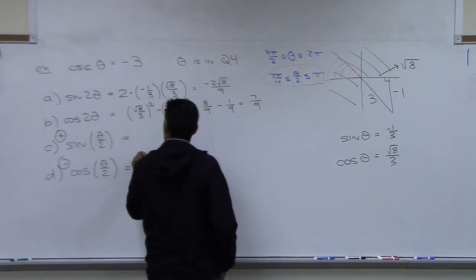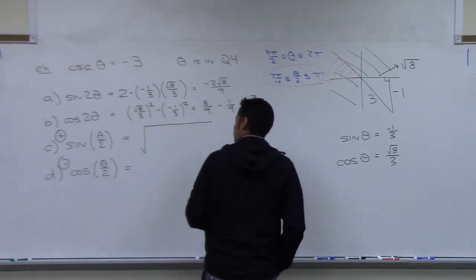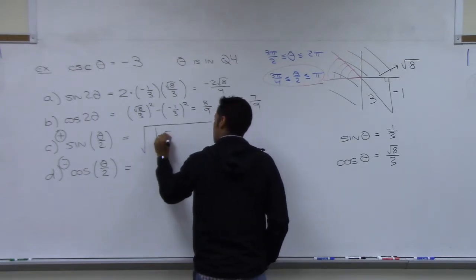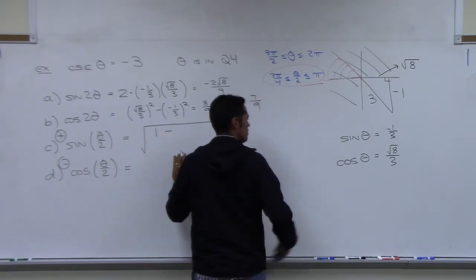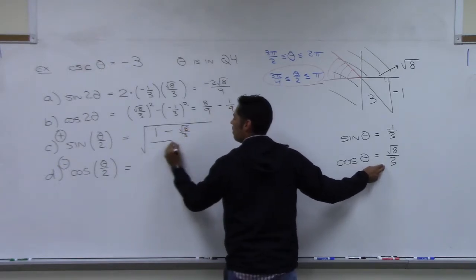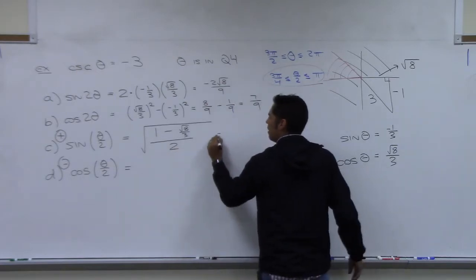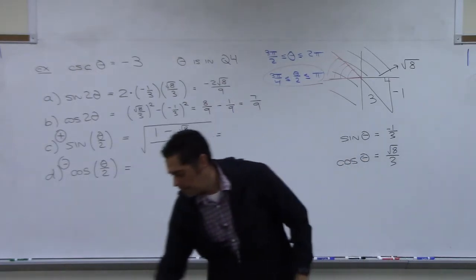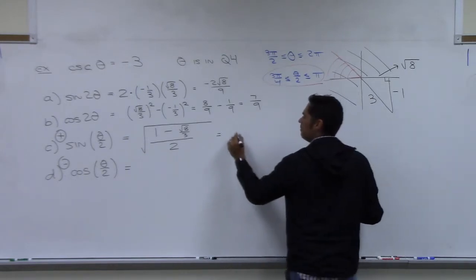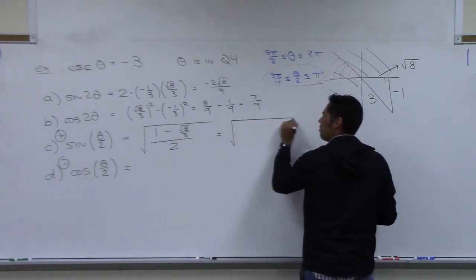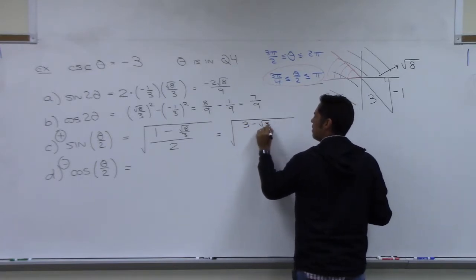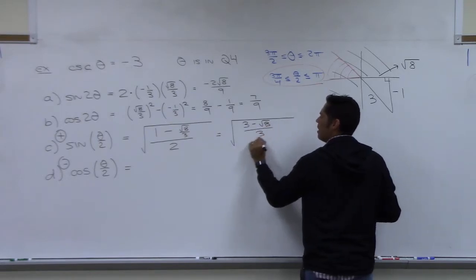So this should be the square root of, sine is the one that has subtract in it, so 1 minus cosine, root 8 over 3, all over 2. I'm going to clean that up. I get a common denominator. Square root, it's 3 minus root 8 over 3, all over 2.